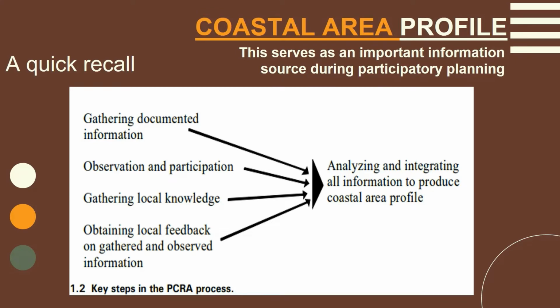Third, purposeful gathering of local knowledge. Fourth, generation of local feedback, primarily from local resource users, on information collected. And fifth is the integration of all the information generated in the first 4 components into a document called Coastal Area Profile.